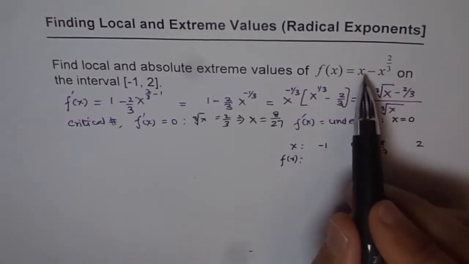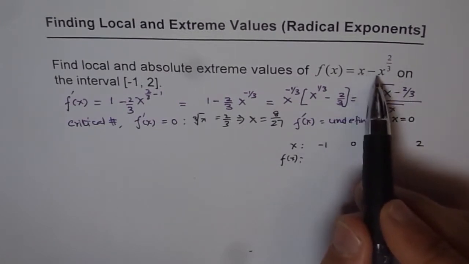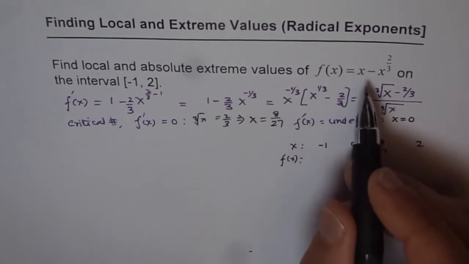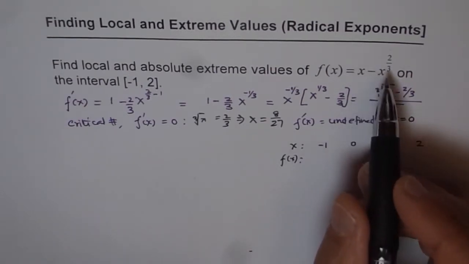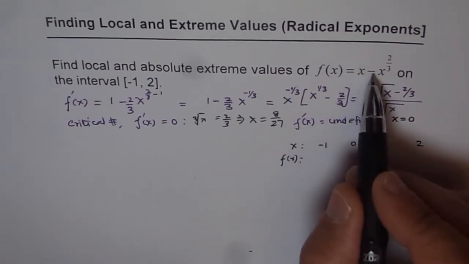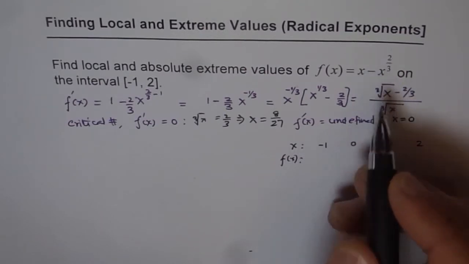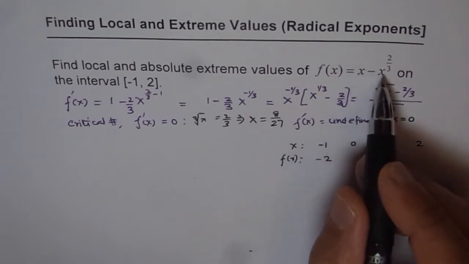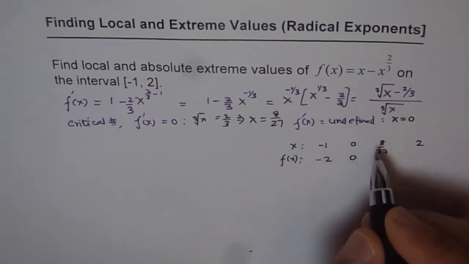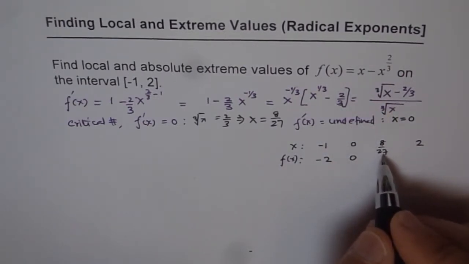This is minus 1, so let's calculate. We can plug minus 1 into our calculator. If you plug in minus 1, and this is positive here, you get minus 2. If you plug in 0 here, 0 minus 0 is 0. And 8 over 27 is kind of tricky, so we'll use the calculator.